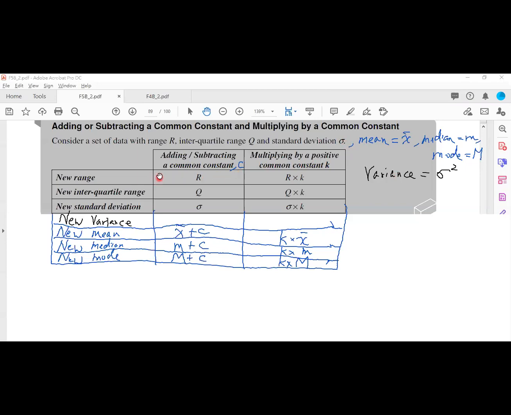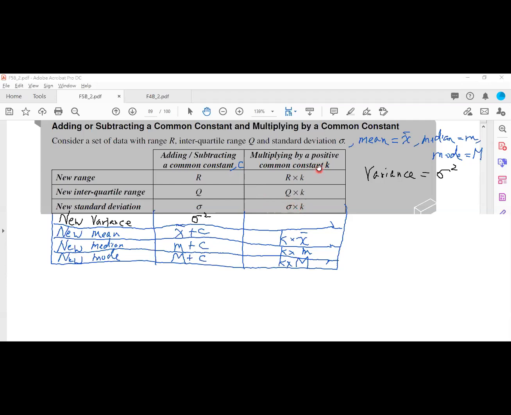And when you add or subtract a constant c, the new standard deviation does not change. It is just equal to sigma, which means the new variance will be sigma square. OK? The new variance is equal to the new standard deviation squared.